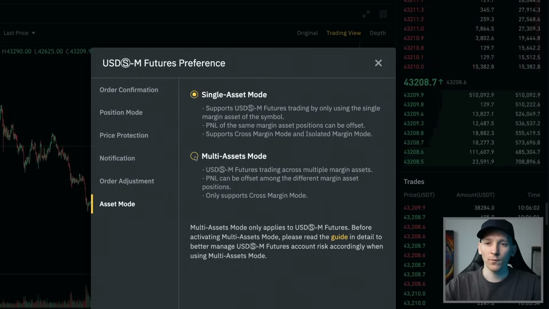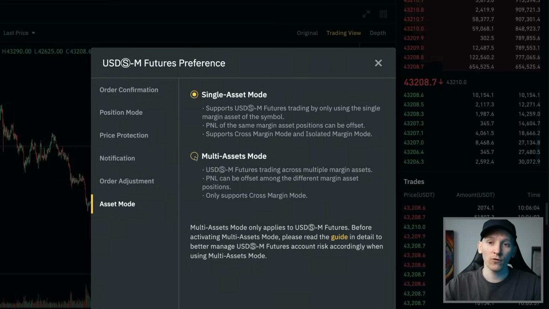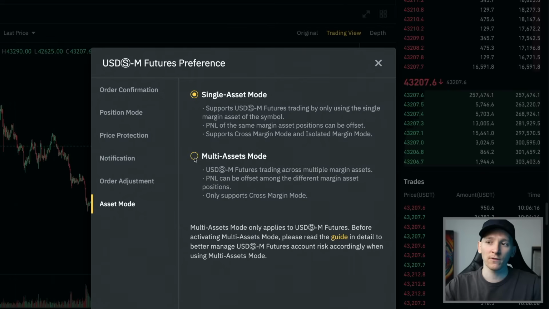Multi-assets mode is where you can actually use some other forms of collateral as well in your US dollar tether margined futures account, and the dollar value of them is going to be used to fund positions as well. So instead of trading out of them into dollars, you can use the dollar value of them to margin positions as well.